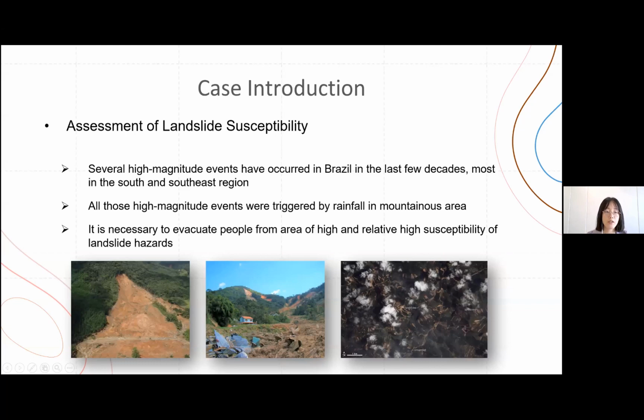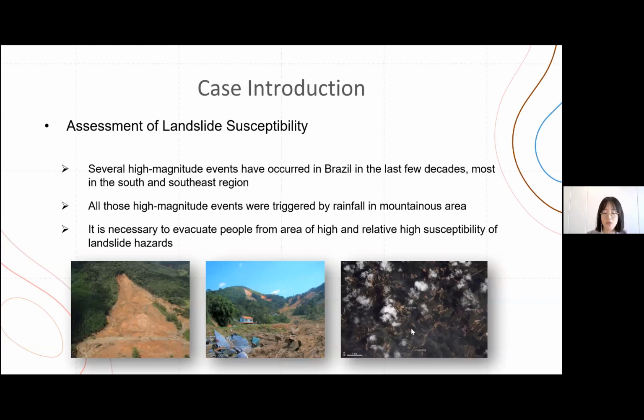Here we can see some pictures of landslide hazards, where the collapse of massive earth, soil, and rocks from the mountains and cliffs can destroy buildings. Landslide hazards of high magnitude can even be easily identified from satellite images, like the one on the right. You can see the marks made by landslide hazards.